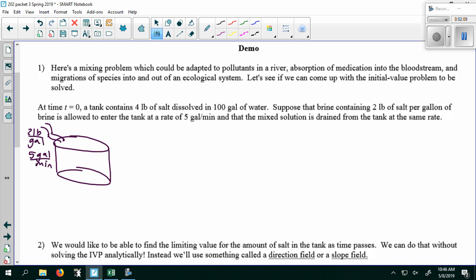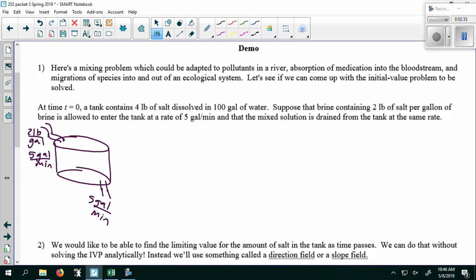And then there's a little valve at the bottom here, and it's flowing out of the tank at 5 gallons per minute. They didn't tell us the concentration because the concentration is changing as we add salt water to the tank. So that's something we're going to have to figure out. What is the concentration as it's flowing out?